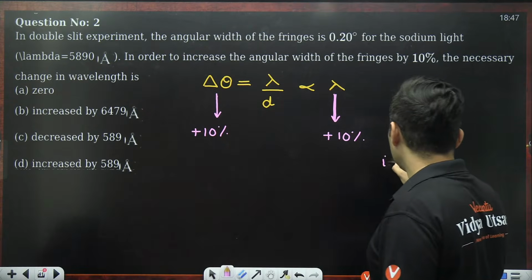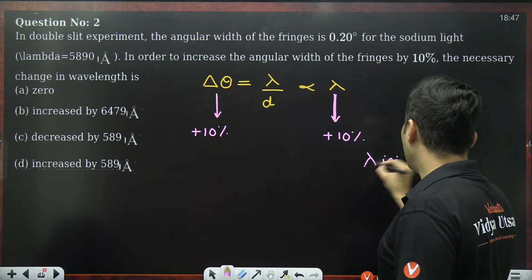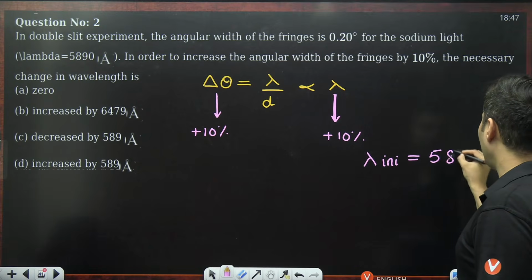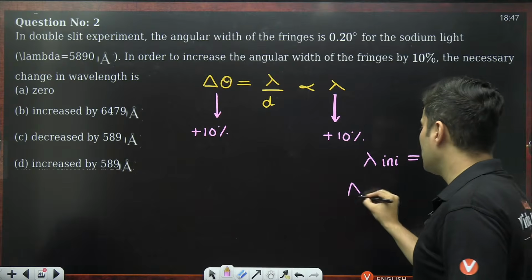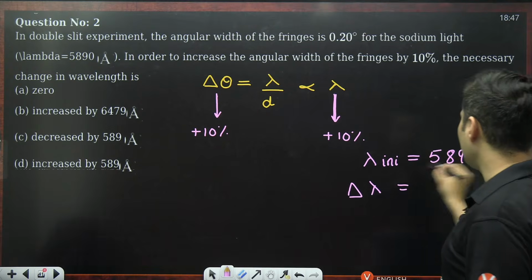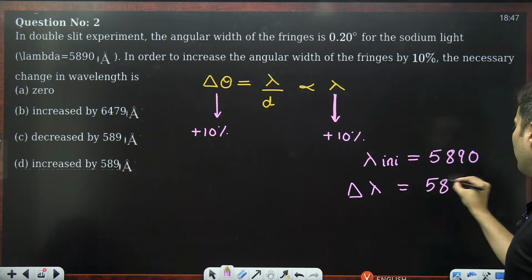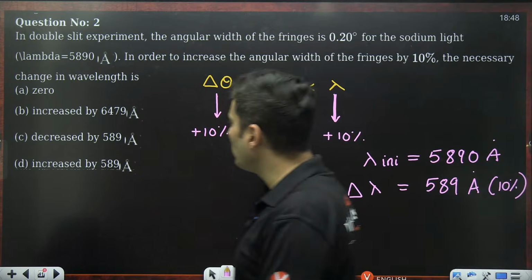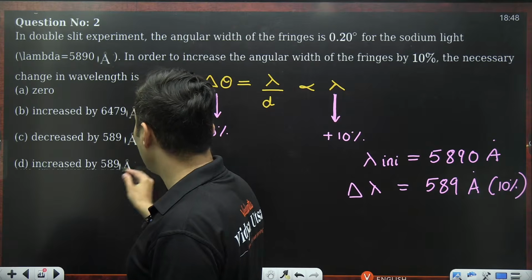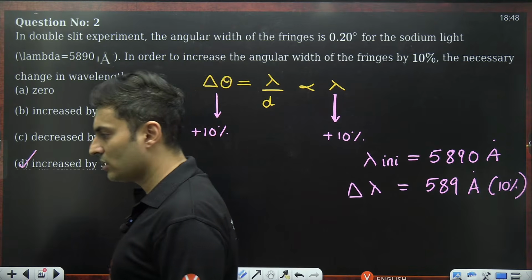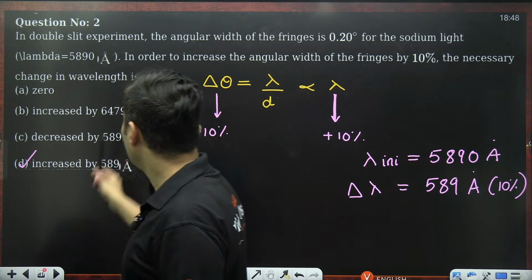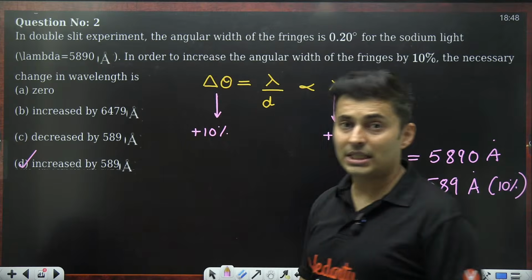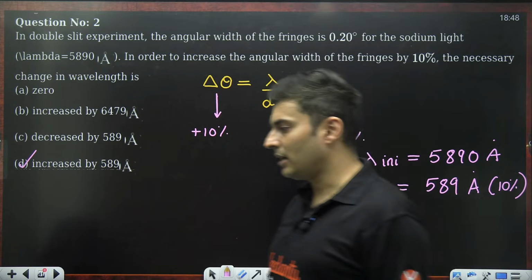If my initial lambda is 5890, the change in lambda, which is 10% of this, is obviously 589 angstroms. 10% means 1/10, you just remove one 0, so it has to be increased by 589 angstroms. Yeah, option D. Not 6479, guys, it is 589 angstroms.